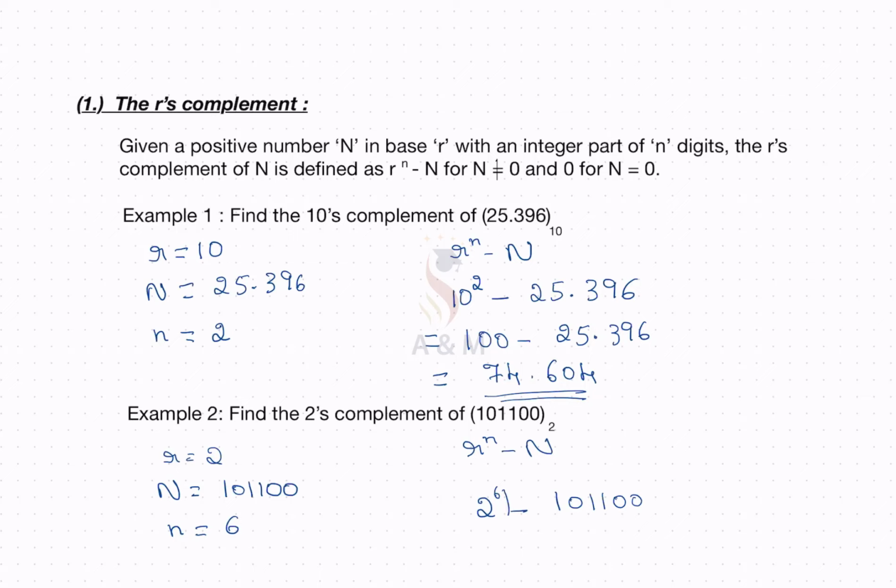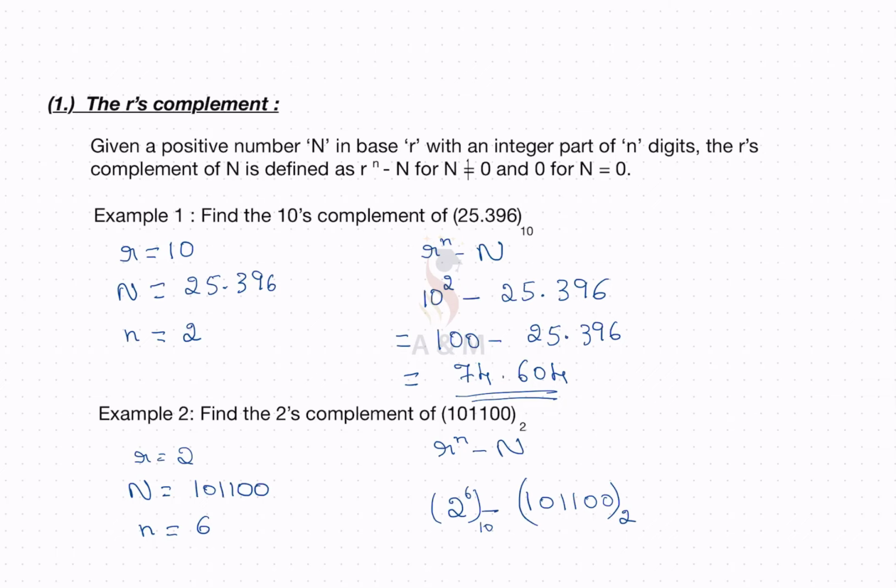Here 2 to the power 6 is in base 10, and 101100 is in base 2, which is equal to 64 to the base 10 minus 101100 to the base 2.